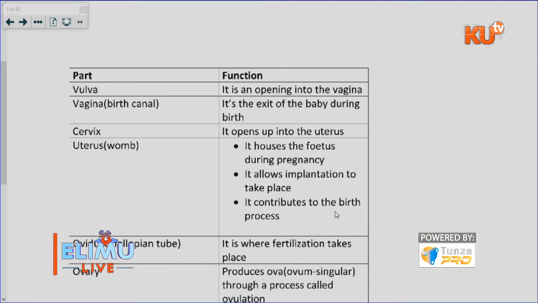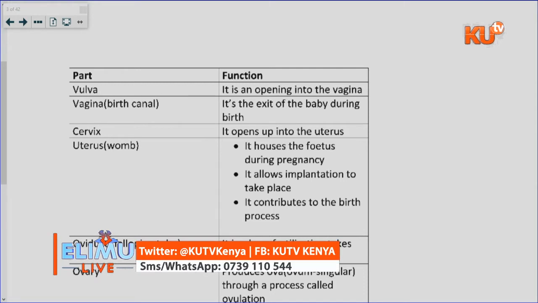The vagina, or birth canal, is the exit of the baby during birth, and it is also where the sperms are deposited during copulation. We'll come to see what copulation is.